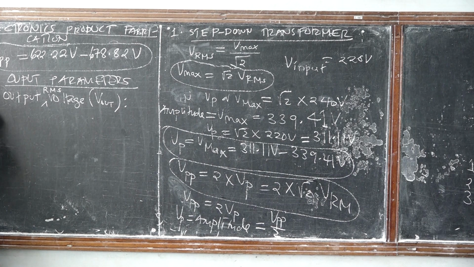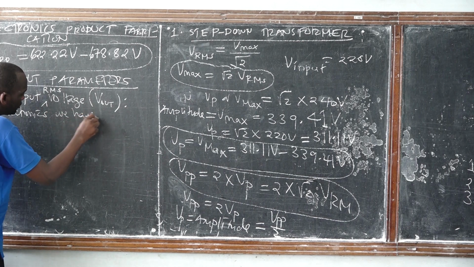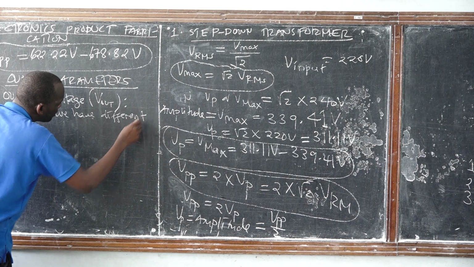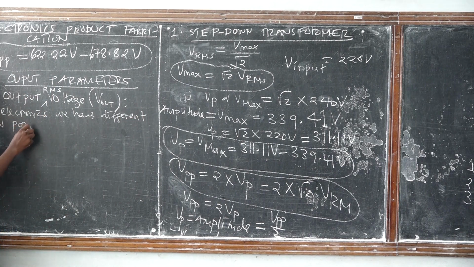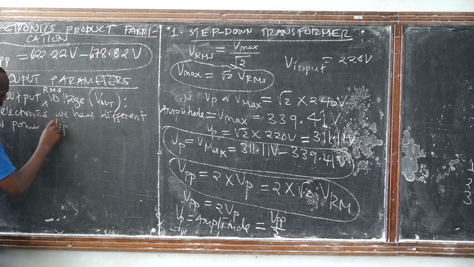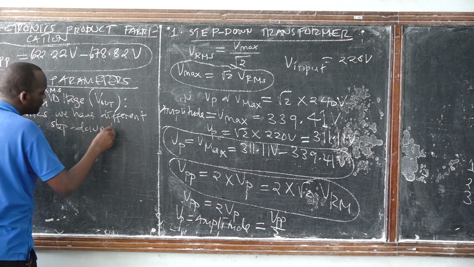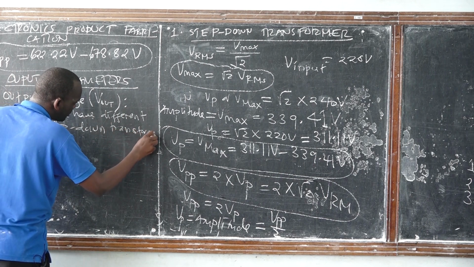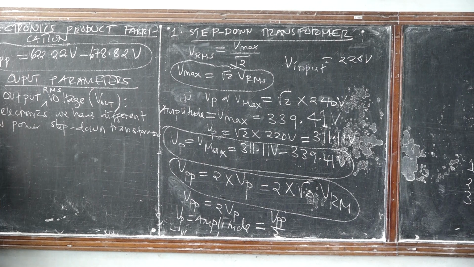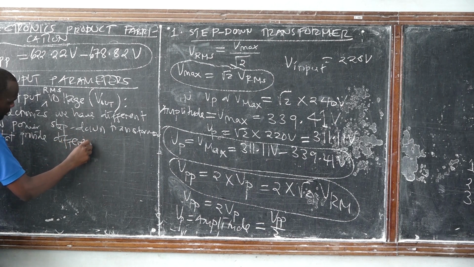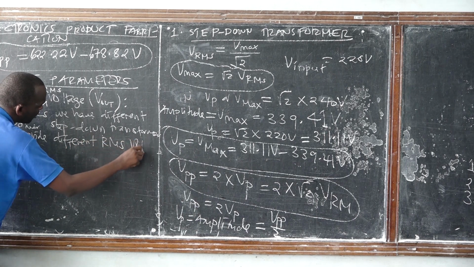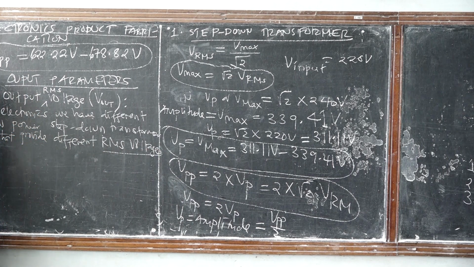So listen. In electronics, we have different low power step-down transformers that provide different root mean square voltages.